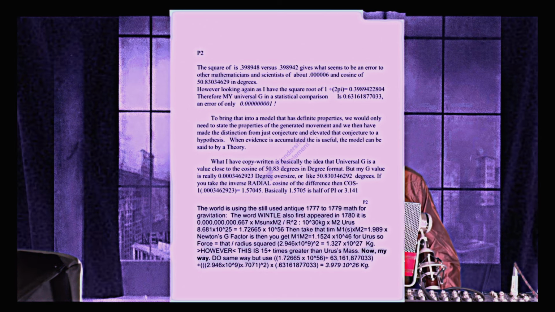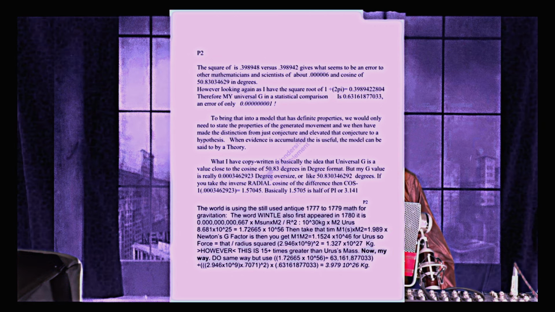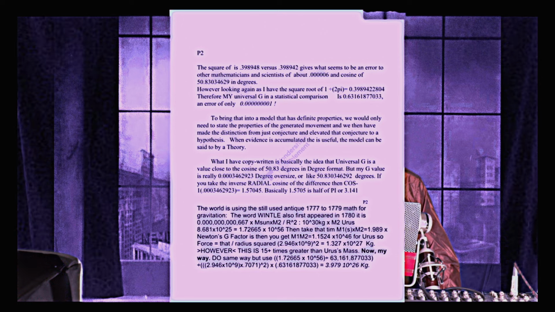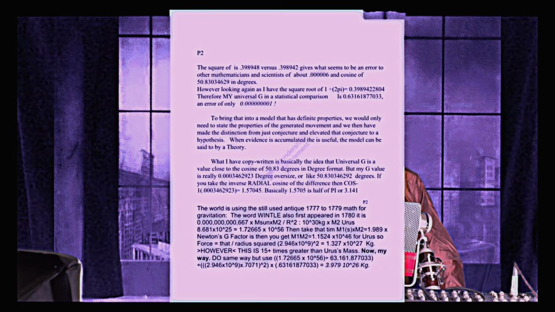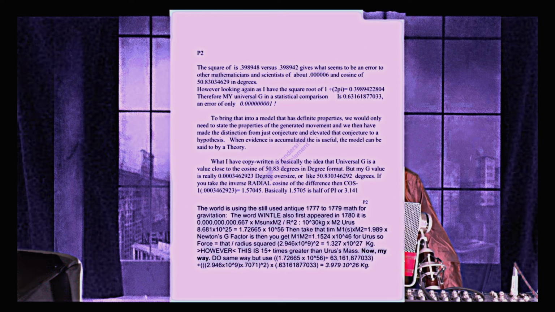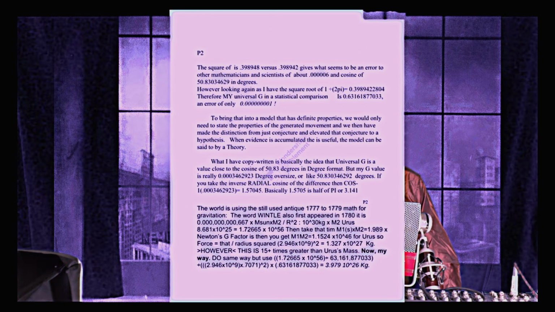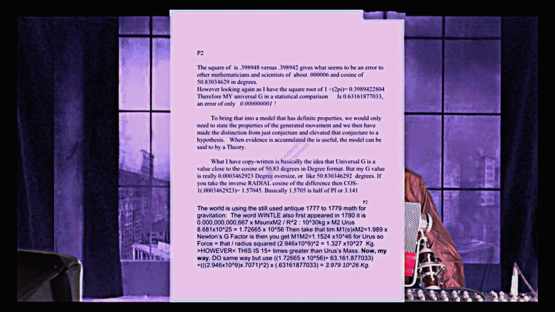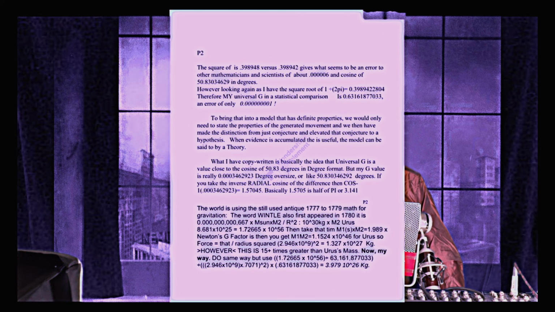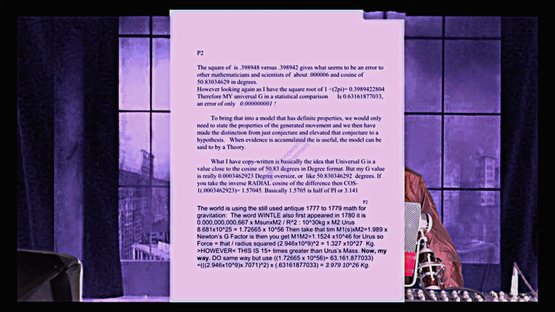I use the quantity 1.72665 times 10 to the 56th, and quantity divided by 0.63161877033, and quantity divided by the quantity 2.946 times 10 to the 9th, and quantity times, here's the change, 0.7071, and quantity squared, and quantity.